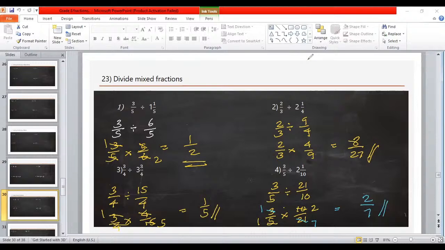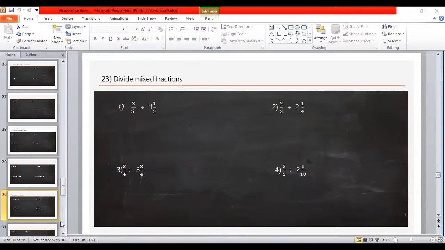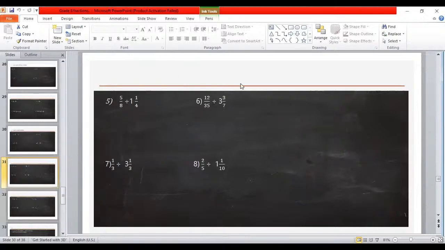Right, we'll go to the next question. 5 over 8 divided by 4 times 1, 4 plus 1, 5 over 4. Now write the reciprocal of this. 5 over 8 into 4 over 5.